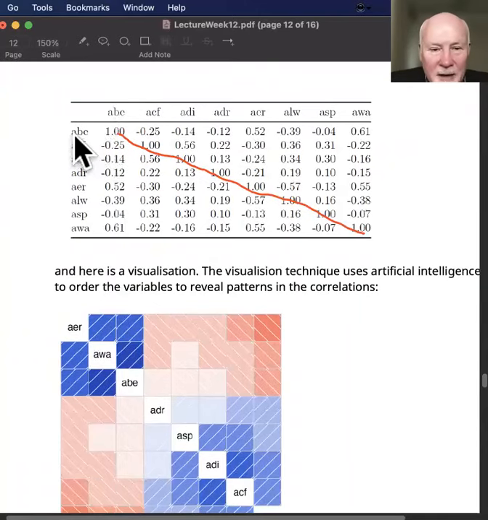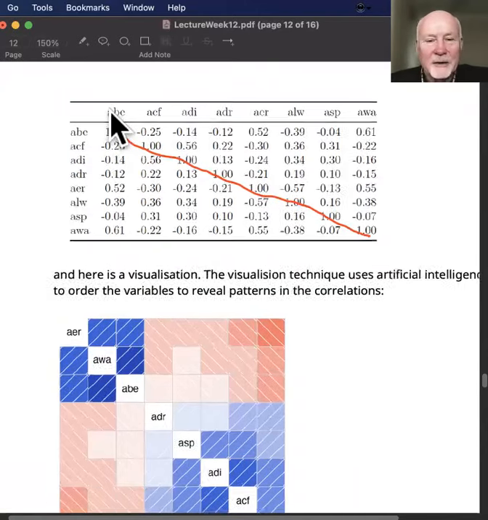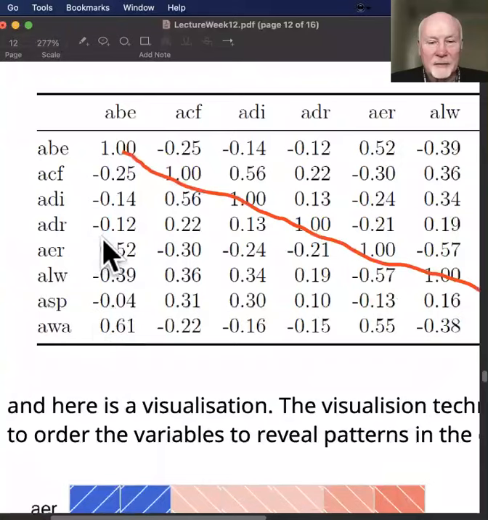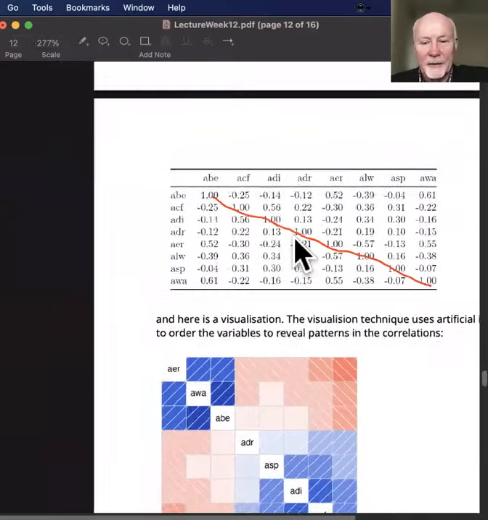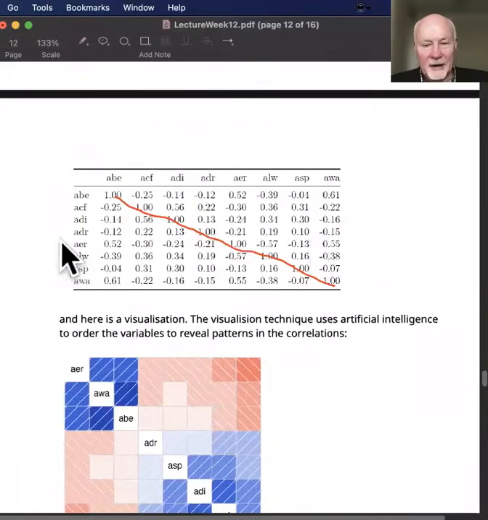ABE with ABE is 1, ACF with ACF is 1, and so on. And then you've got the other correlations. You only need one of those diagonals. You don't need both. And quite often in journal articles, they'll just have a table that just has the one diagonal.